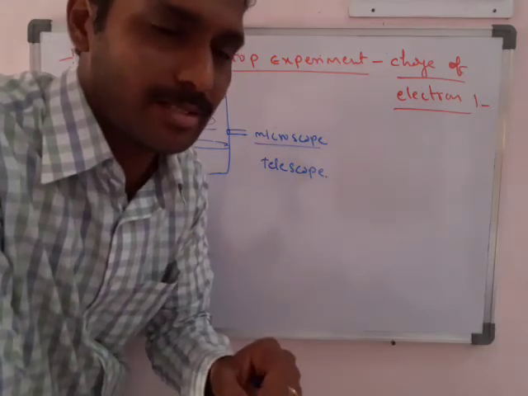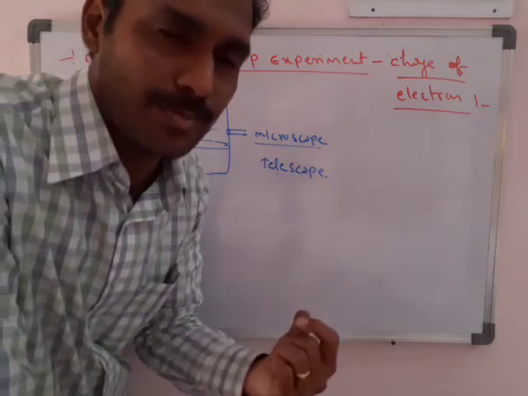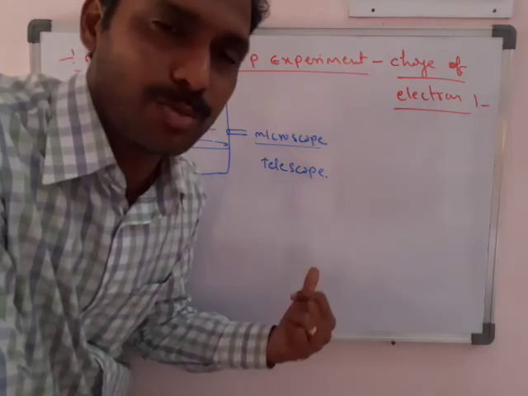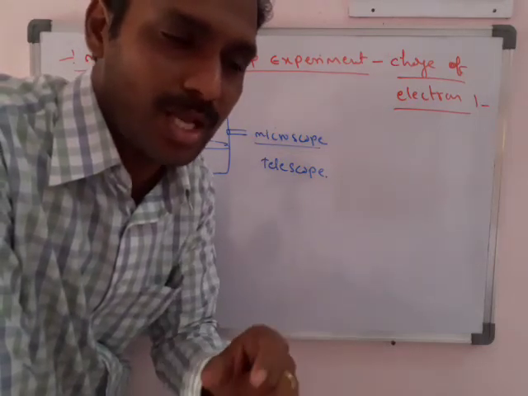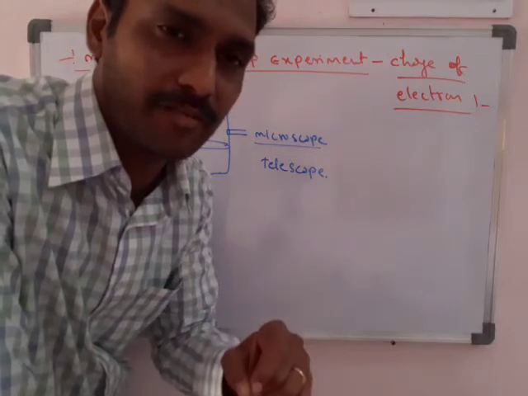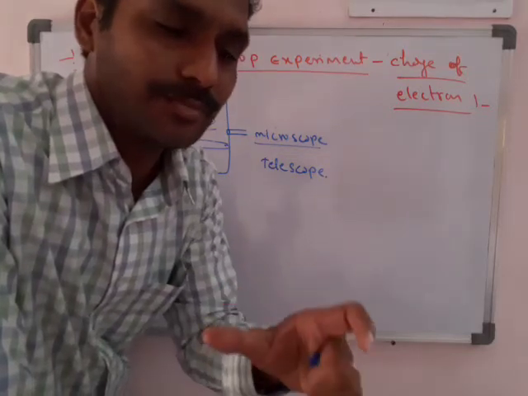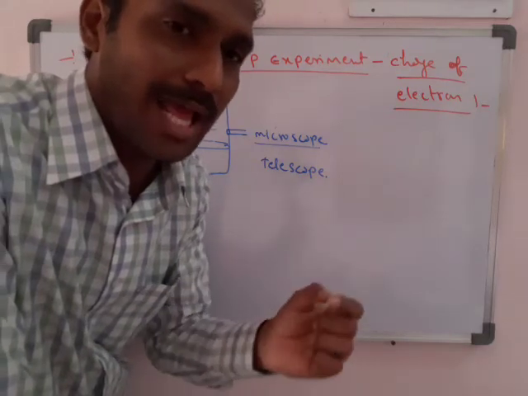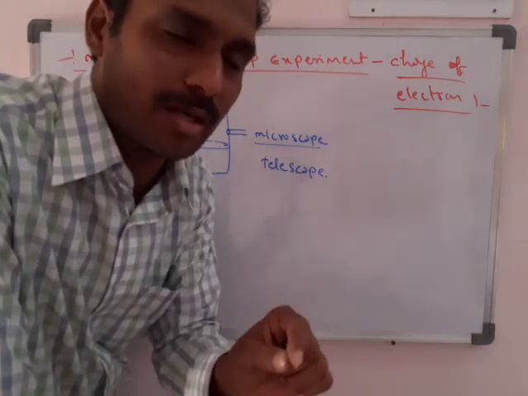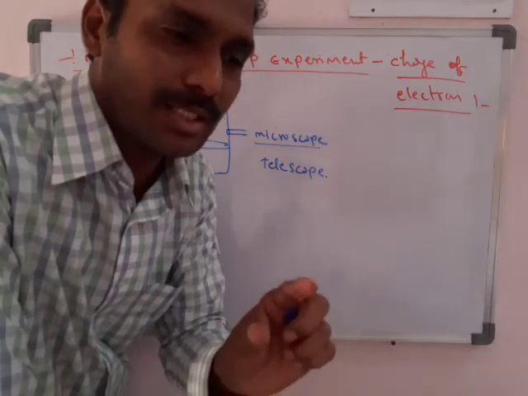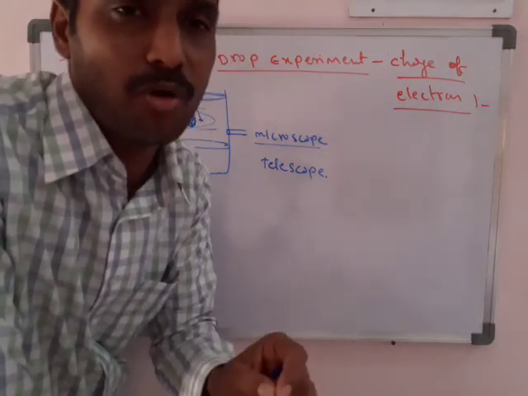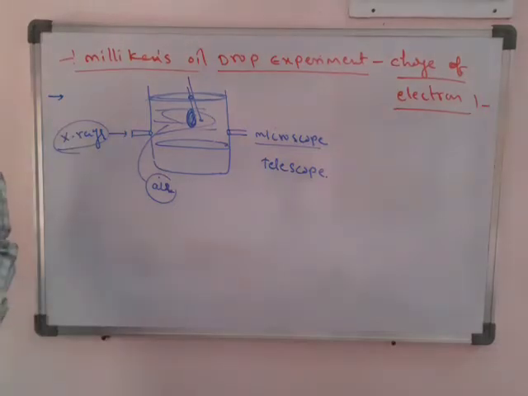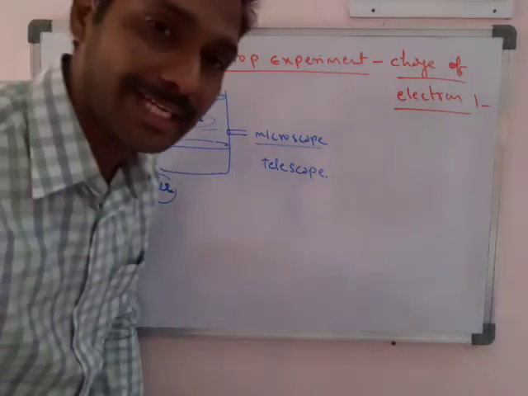Okay, next, after doing this experiment many times, applying different electric fields at different times, he observed and concluded that all oil drops are getting charged. The charge is a multiple integral of 1.6 into 10 to the power of minus 19 coulombs.